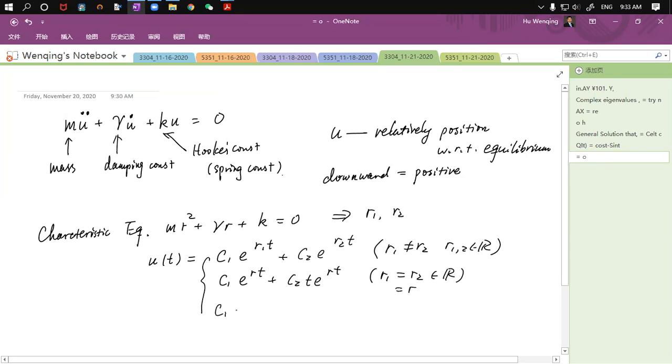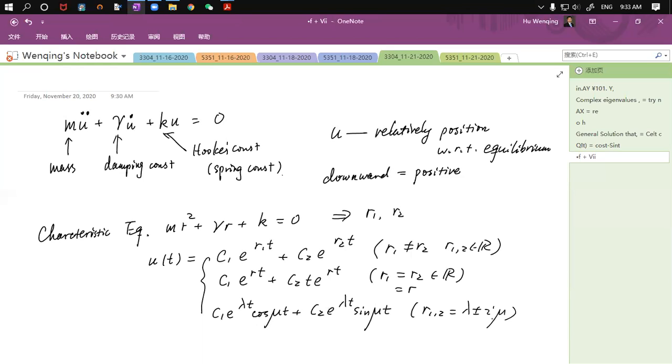And you can also have c1 e to the power of lambda t cosine of mu t plus c2 e to the power of lambda t sine of mu t. Here it means that r1,2 is lambda plus or minus i mu. So there are 3 cases. This is a brief review of what we have learned so far regarding the vibration equation.